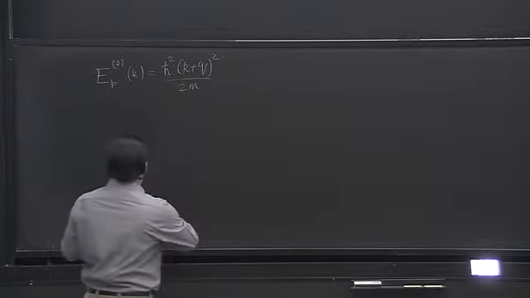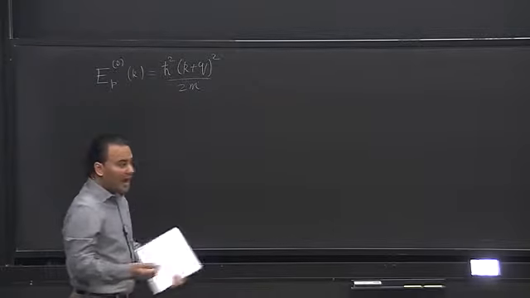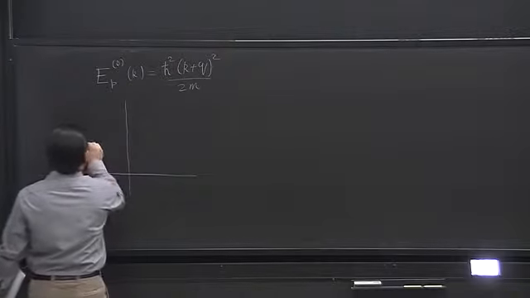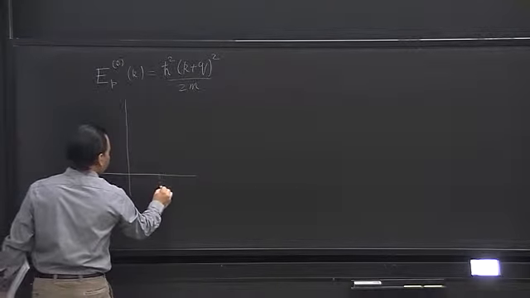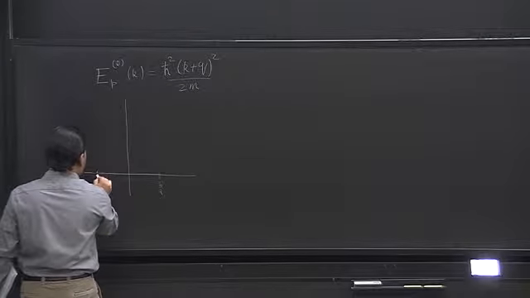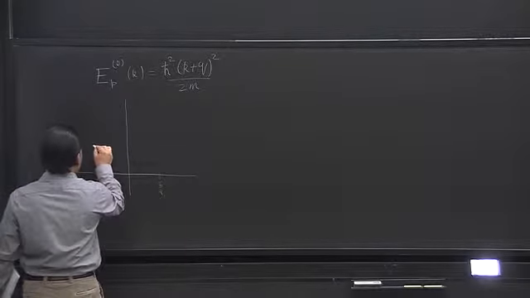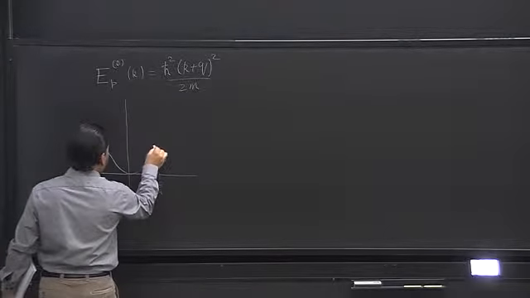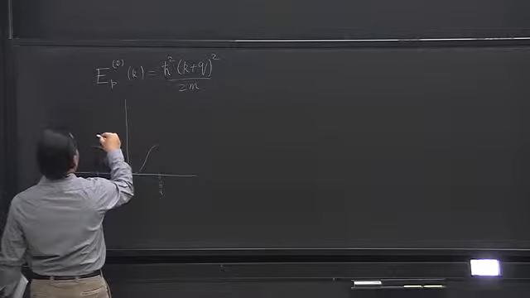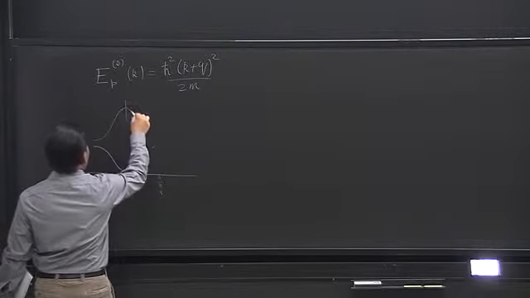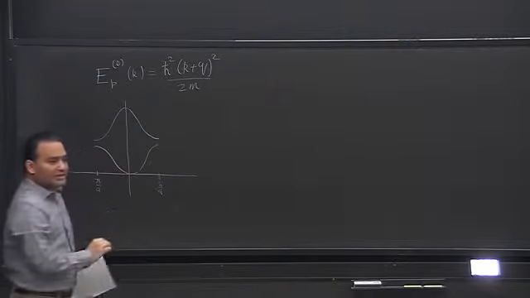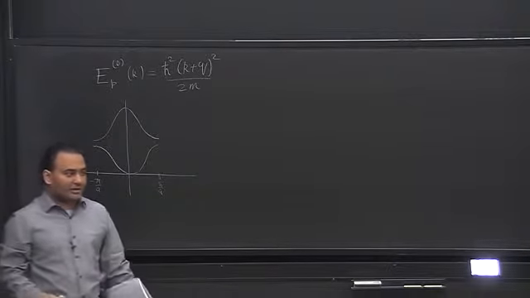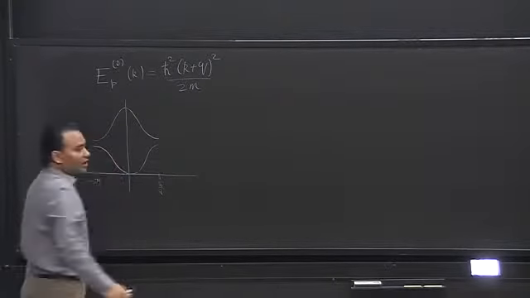So, if I want to plot the lowest Bloch band now, the picture with the periodic potential looks like this. And then there will be higher bands and so on. But this is the lowest Bloch band, and a gap opens up at the zone corner. This already includes the effect of the periodic potential.